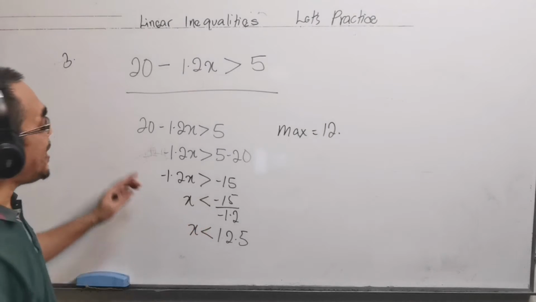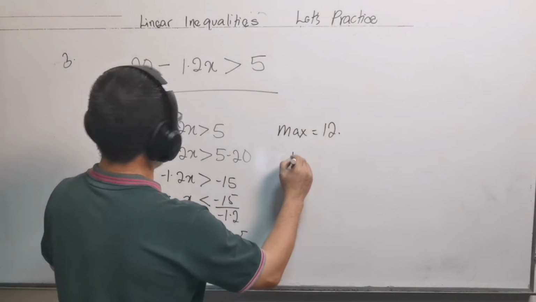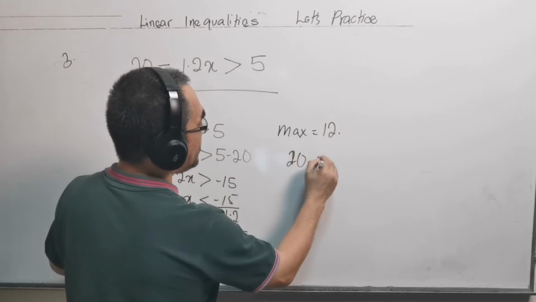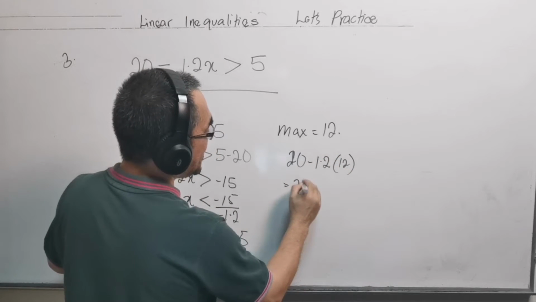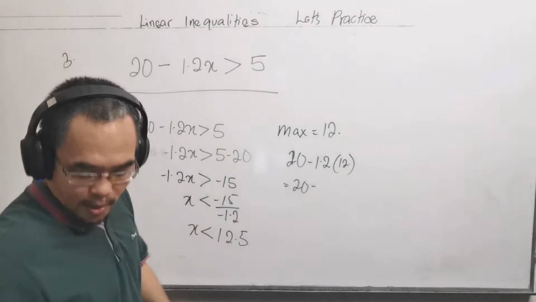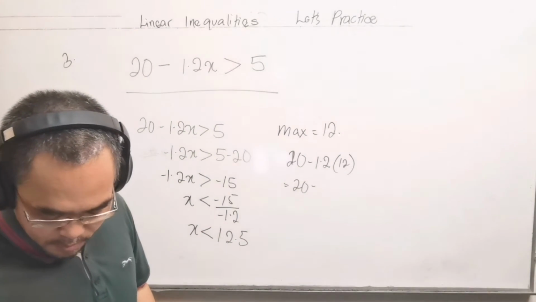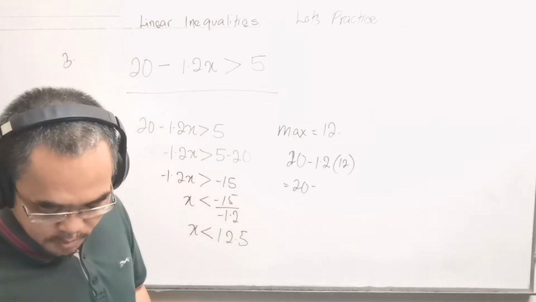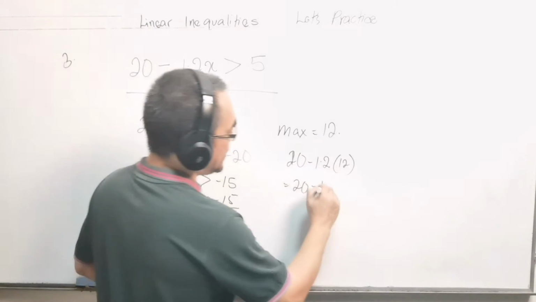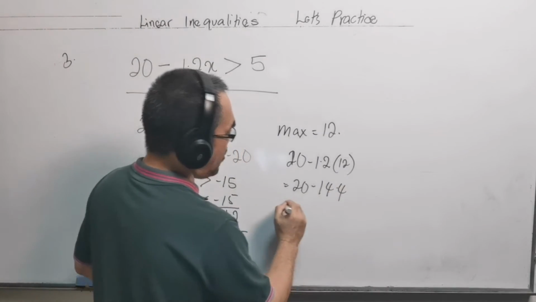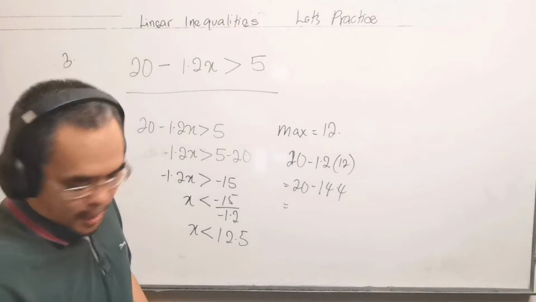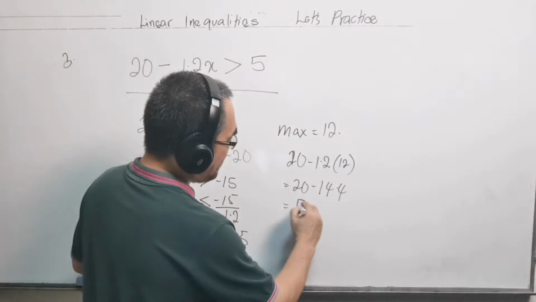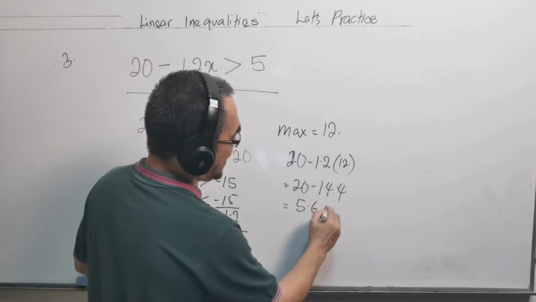She could buy 12 cards at the maximum, where she will have a balance of more than 5. Okay? So let's say we want to know further, 20 minus 1.2 times 12 is 14.4. So her balance will be 5 ringgit 60 cent.